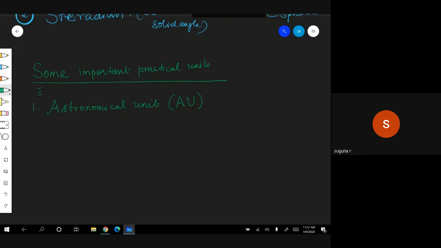Units of very large distances, practical units, because I have to give the topic. That is number one. We are starting with the astronomical unit. All the planets are revolving around the sun in elliptical orbits. That is known to everyone.